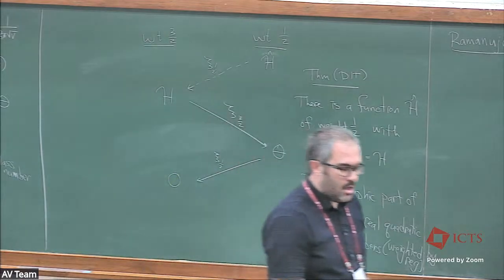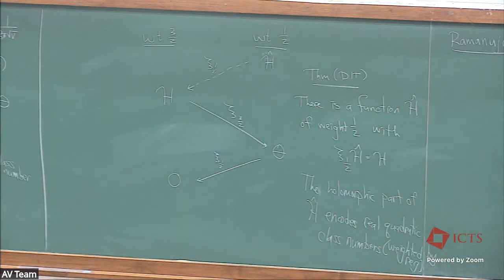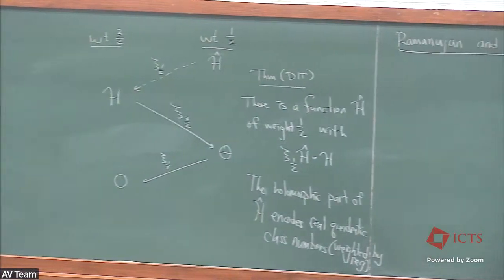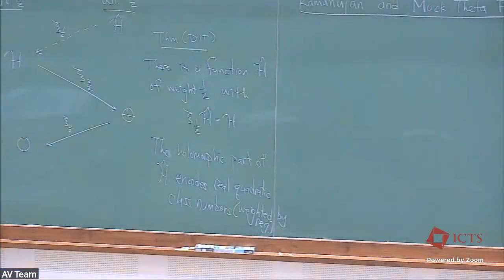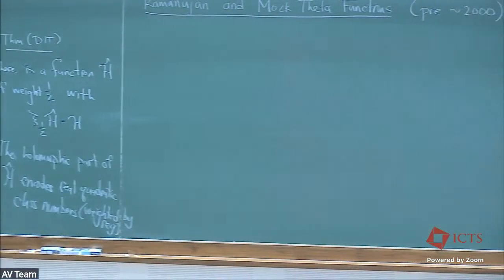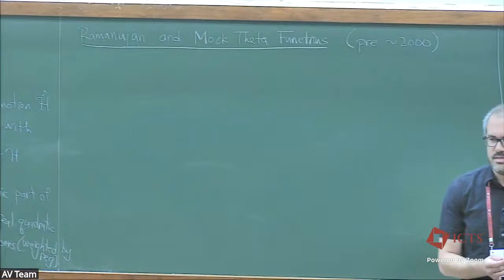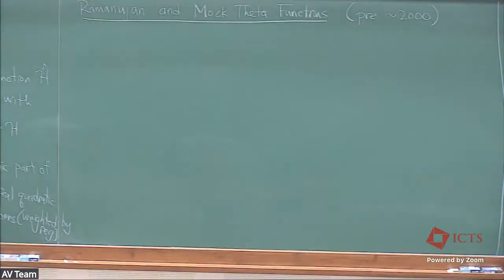All right. So now I'll switch gears and let's start talking about Ramanujan and Mock theta functions. Now, I'm not going to spend too much time on the historical story because Professor Murty did such a good job of this, explaining the story between Ramanujan and Hardy and the two letters.